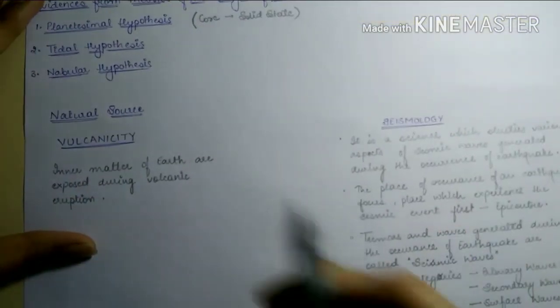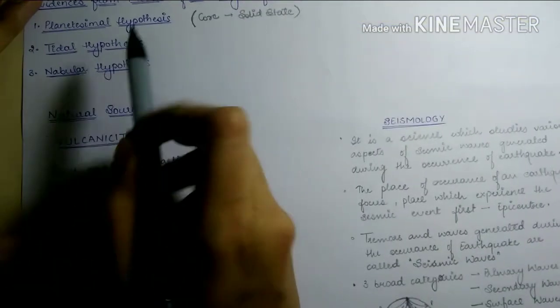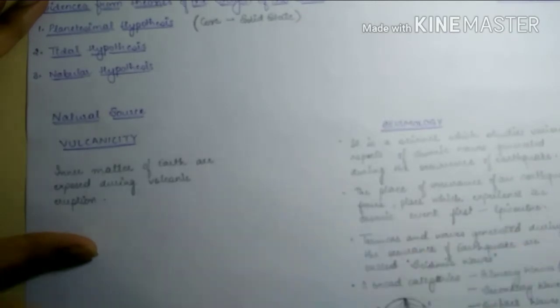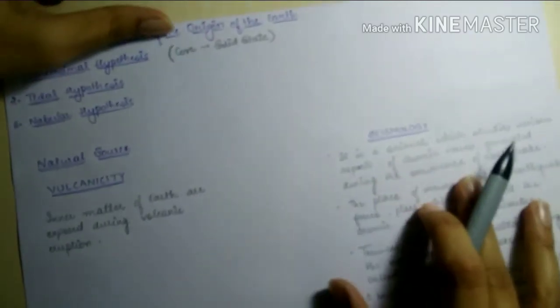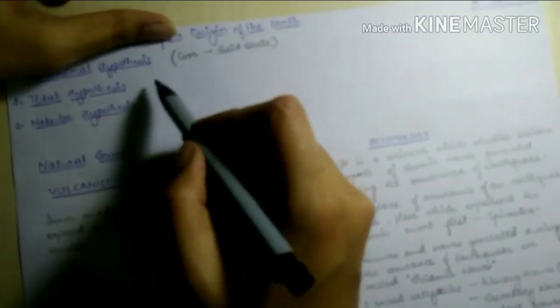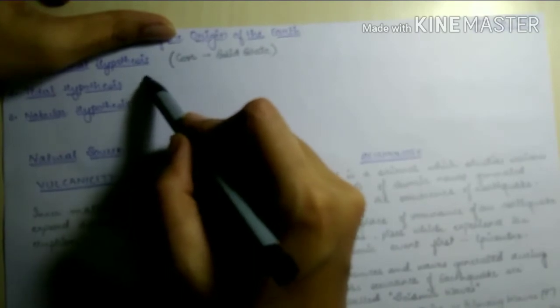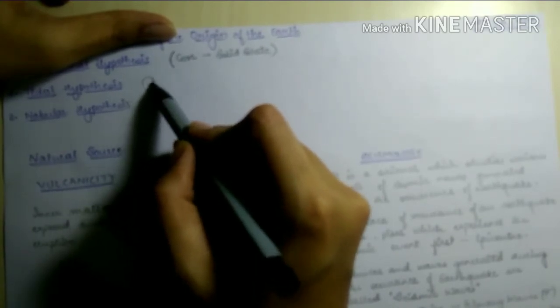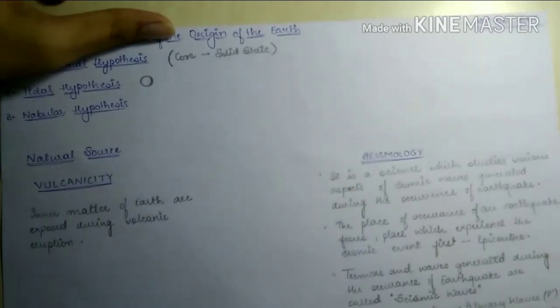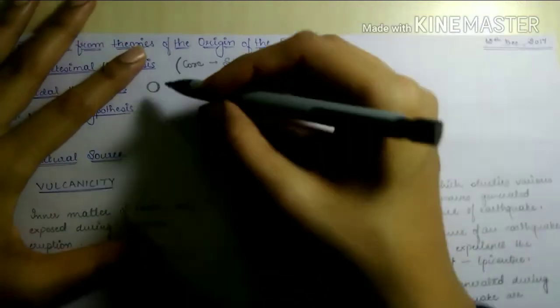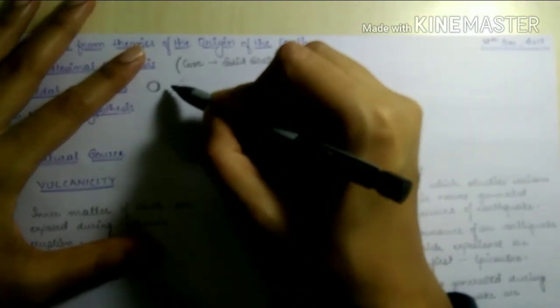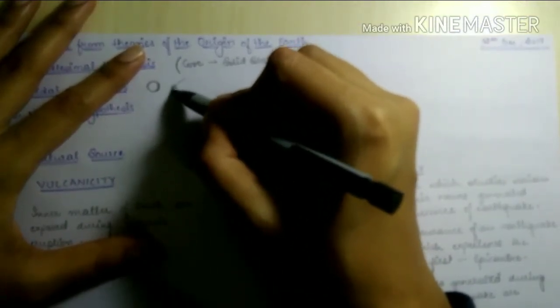The next theory is the tidal hypothesis. We have studied the tidal hypothesis in our previous lectures, so try to remember it. What this tidal hypothesis said is that there are two stars. One star is our primitive sun, and there is another star, that is an approaching star.